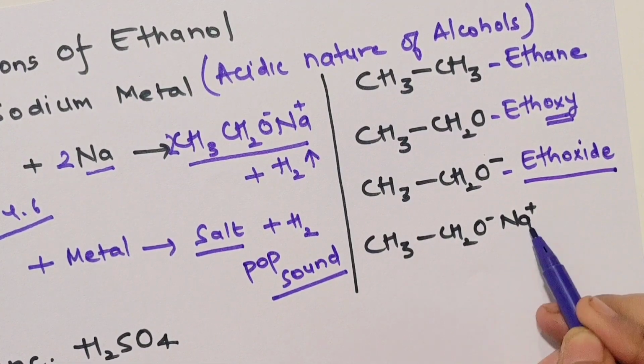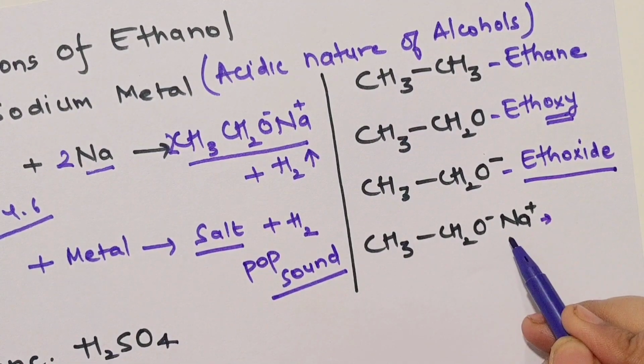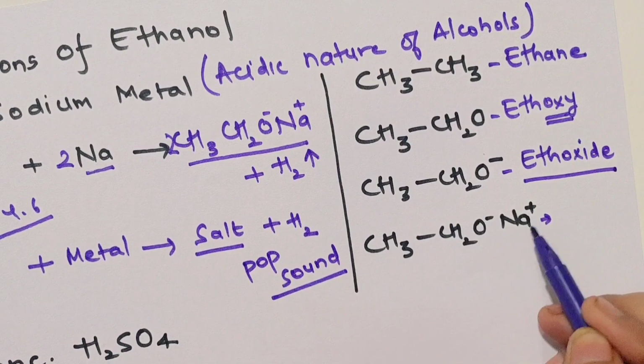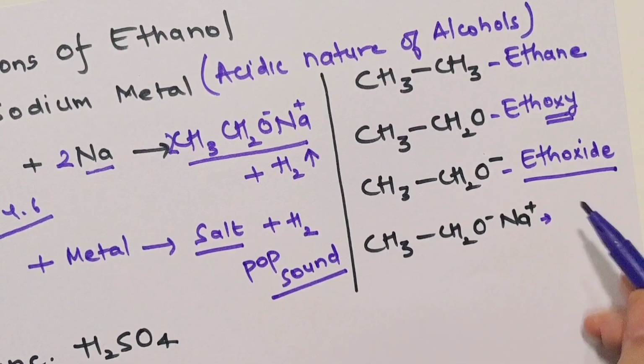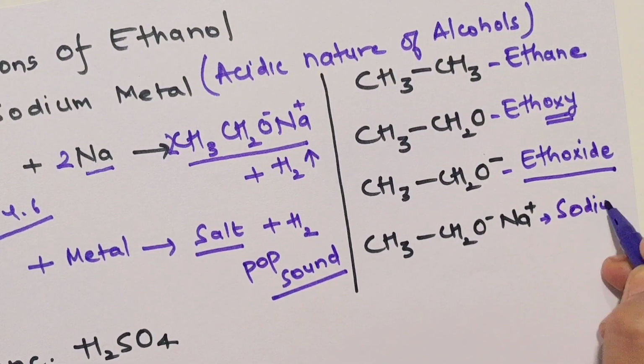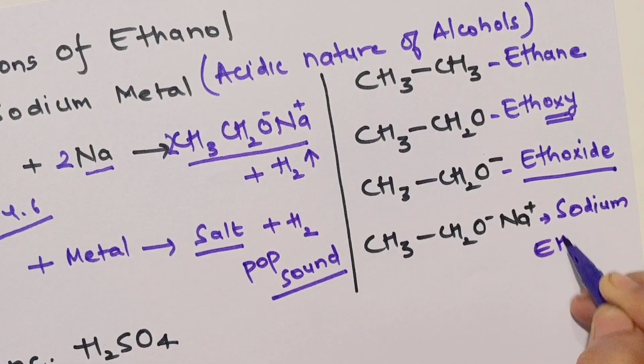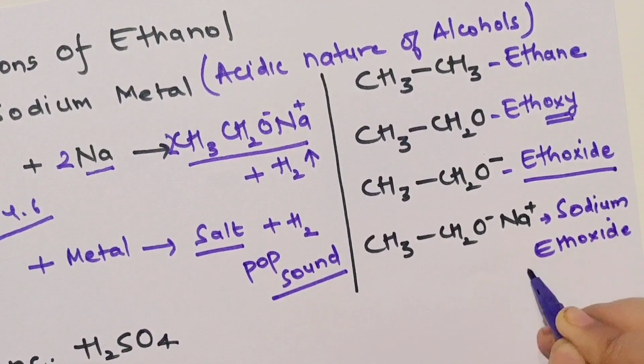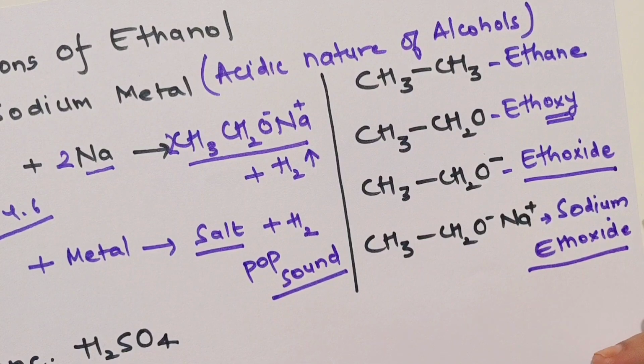And if you add a sodium ion next to it, it becomes sodium ethoxide, because that is how we name ionic compounds: metal first, that is cation followed by the anion.